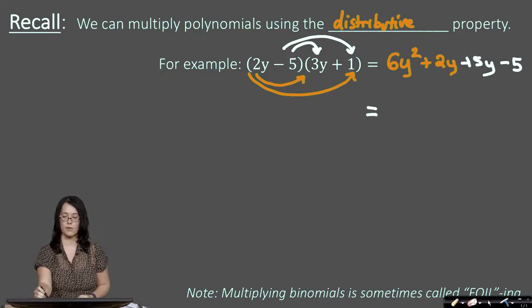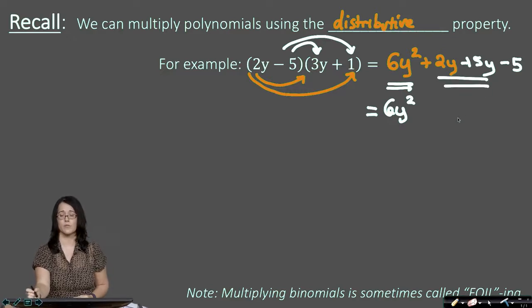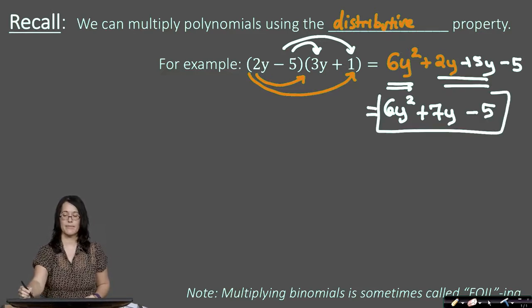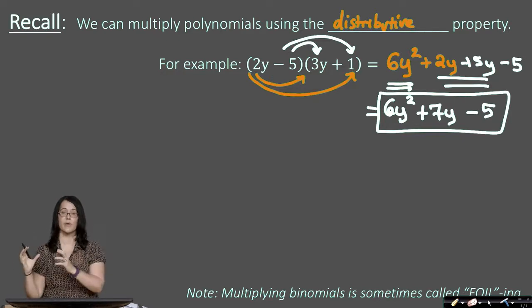So our first highest power term would be 6y squared. The 2y plus the 5y are like terms, so we can add their coefficients only. 2 plus 5 is 7, so I have 7 copies of y. And the negative 5 is our constant. So 6y squared plus 7y minus 5 would be our trinomial. That means the same thing as the binomial 2y minus 5 times the binomial 3y plus 1.